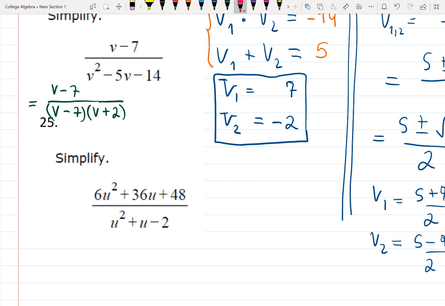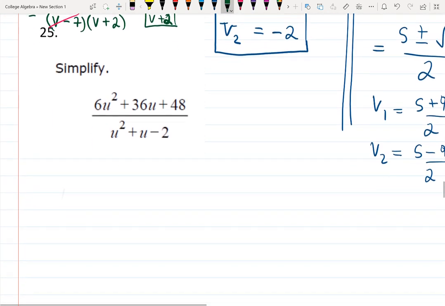Since v does not equal 7, we can cancel out this piece. Remember, canceling out doesn't mean it will give you 0 or something. It means dividing. v minus 7 over v minus 7 is 1. So the answer is 1 over v plus 2. Put it in the box.